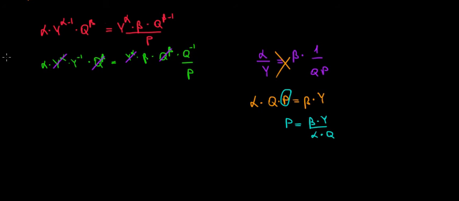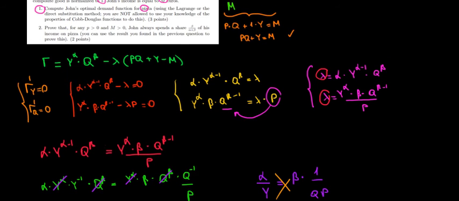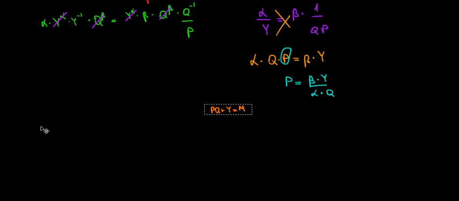Now let's see if we substitute this into the budget constraint, because we would like to have a demand function for q. Now that's our budget constraint from here. Let's just copy paste it over here.